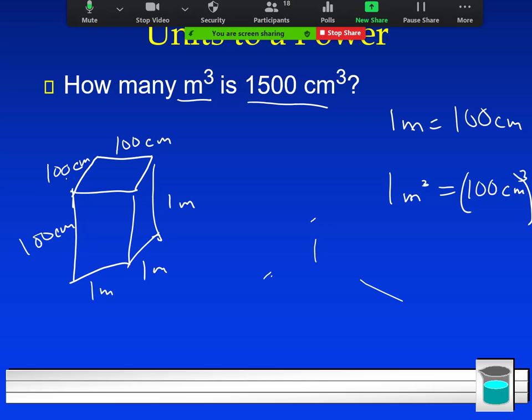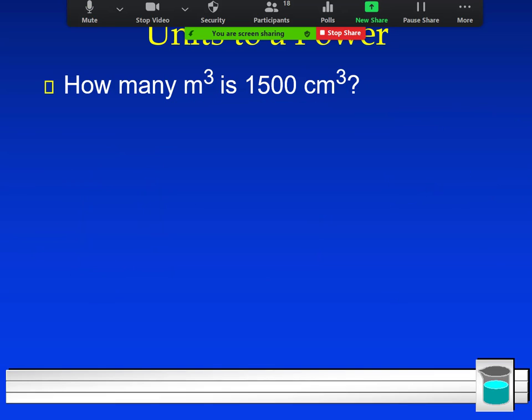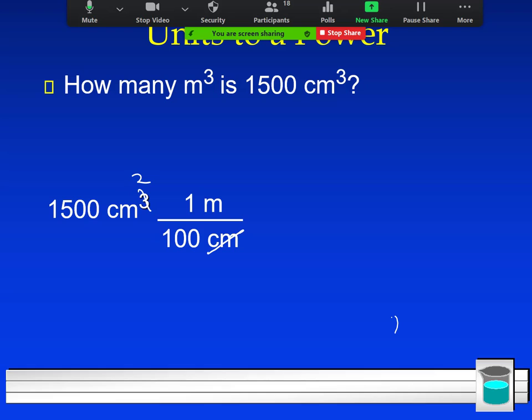Okay. So there it is graphically why we do it this way. Here's what it looks like with just the math. If I had 1,500 centimeters, I could use a conversion factor to get rid of centimeters. It wouldn't get rid of centimeters completely, it would turn that into centimeters squared. I got rid of one of the centimeters, I need to get rid of another. So I do another 100 centimeters, 1 meter over 100 centimeters.